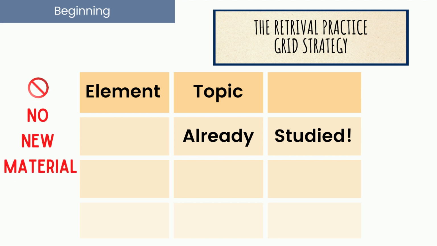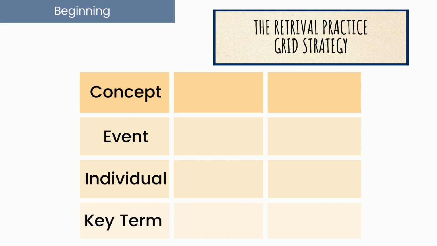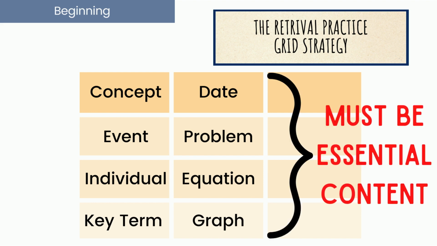No new material. The box could refer to a concept, event, individual, key term, date, etc., but must be the essential content and material for the previous learned unit of study.